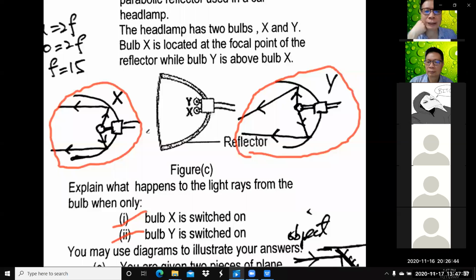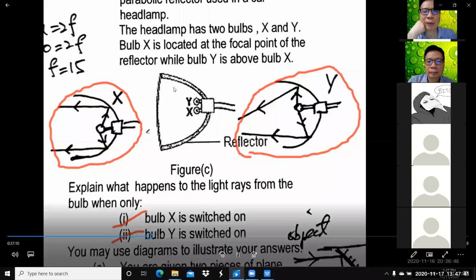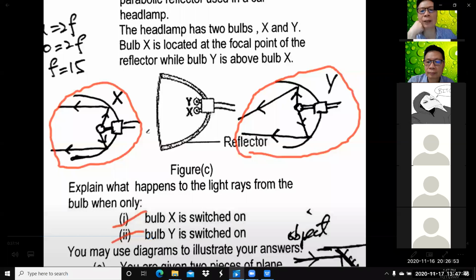And therefore, only short distance is brightened. Okay, that's it.